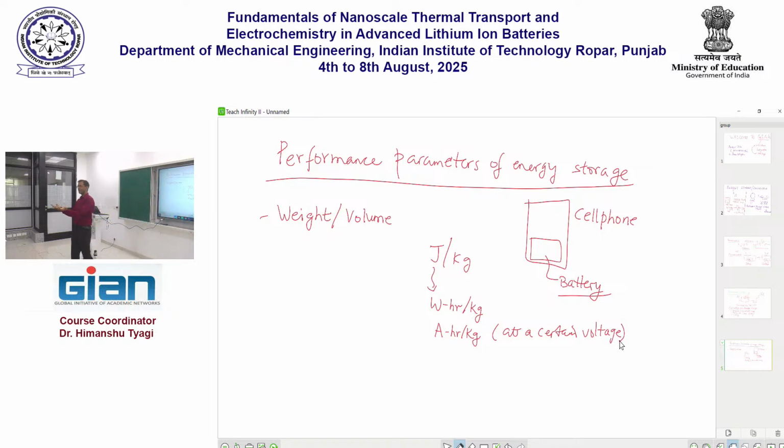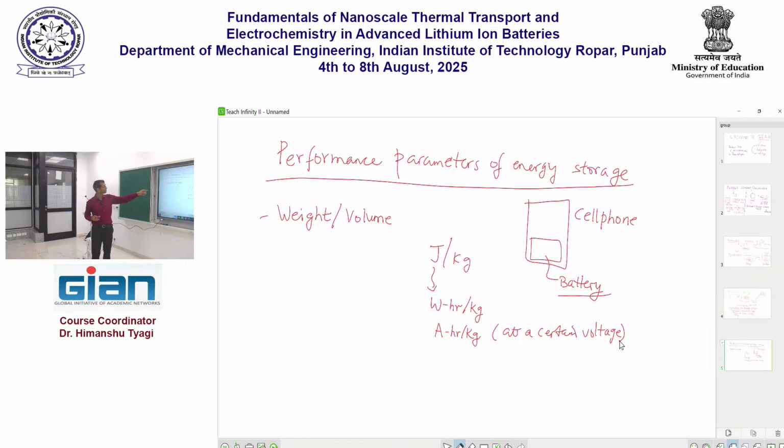So if I have two batteries, one has 2 watt hours per kilogram versus 200 watt hours per kilogram, the 200 watt hours per kilogram battery is able to store much more energy in it per kilogram of its weight, and therefore would be desirable.